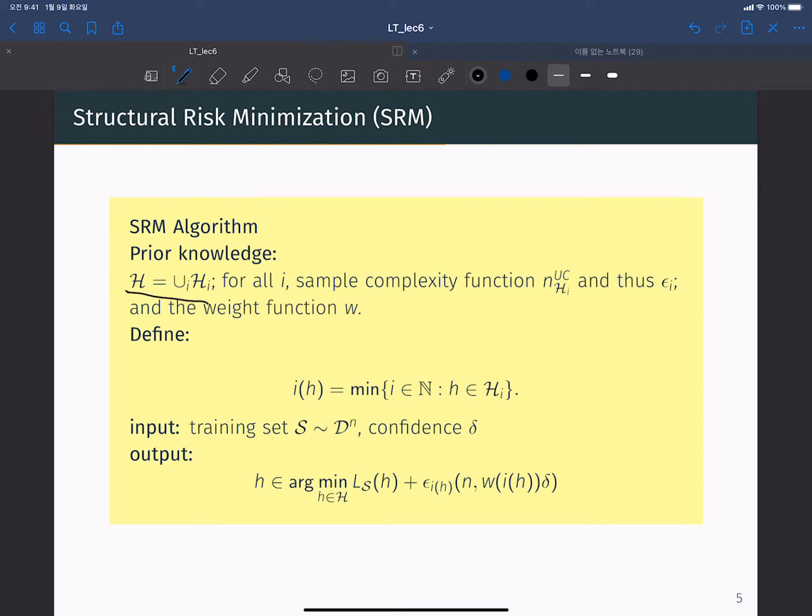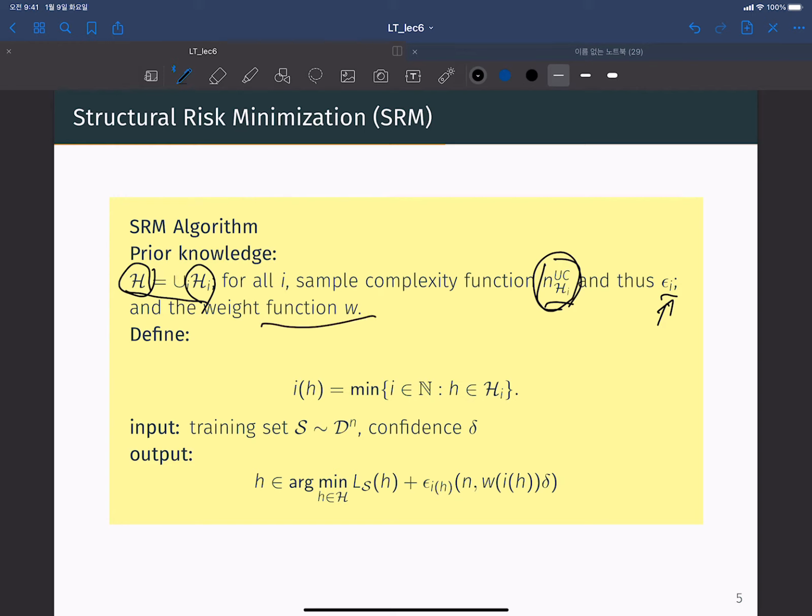We first define the hypothesis class and we classify each hypothesis into several different categories, H1, H2, and so on. And for all i, the sample complexity function and the uniform convergence property will be given to us. And thus from this, we can also know what epsilon_i is. Epsilon_i is a function of delta and n.